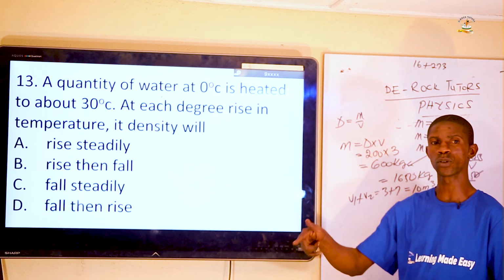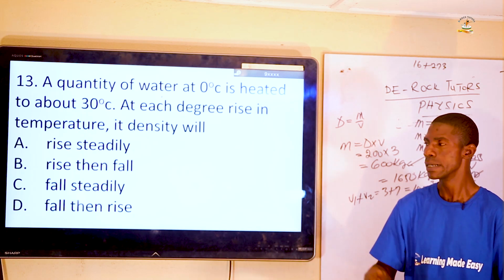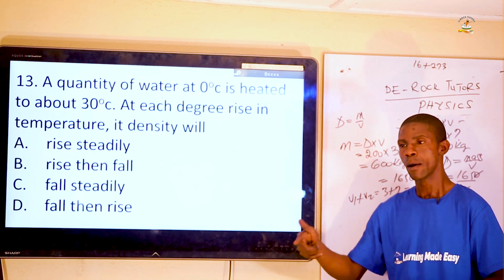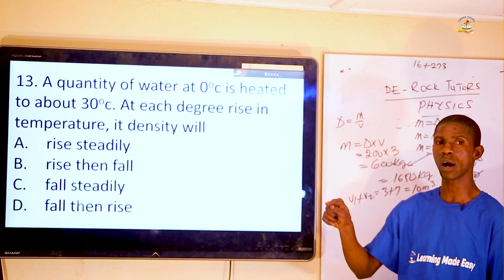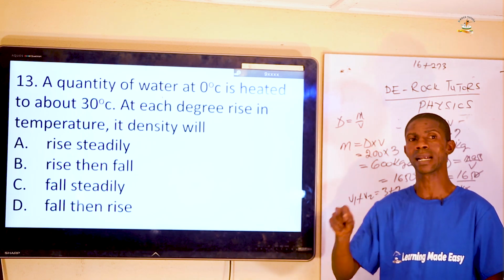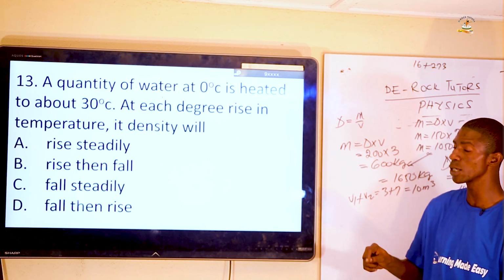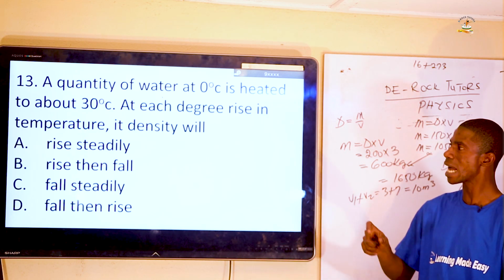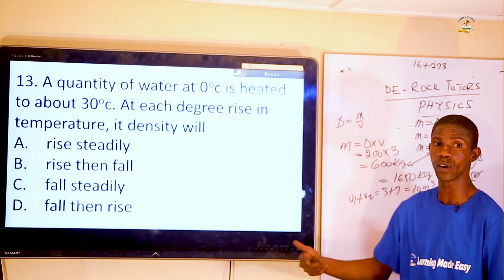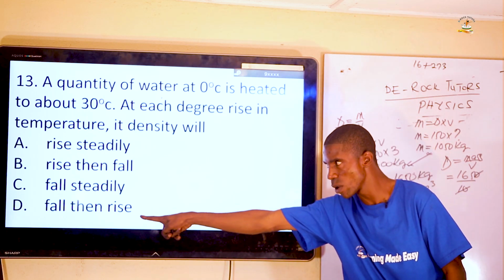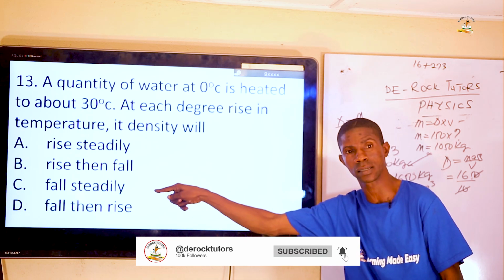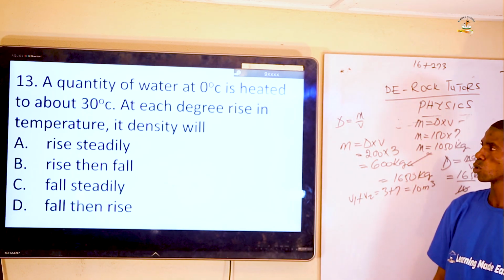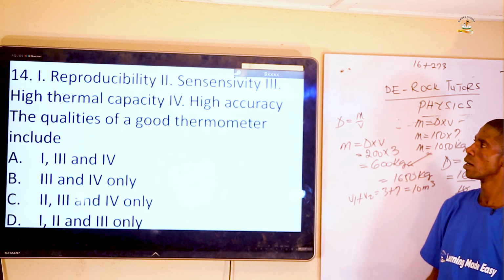So the density will first decrease, then over time it will rise. It will rise at a particular temperature, which is 4 degrees Celsius, and that is where we have the maximum density of water. That explains the anomalous behavior of water. So the answer is, it will fall initially, then over time, rise. So we'll go to the next question.